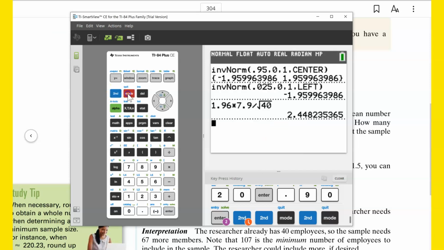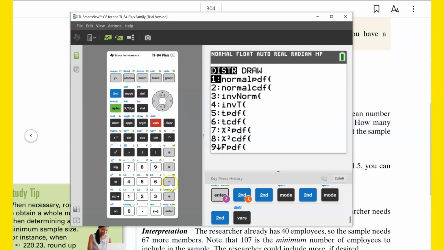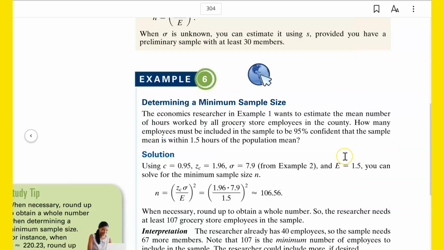Second quit. Go to second distributions, inverse normal. And if we want to be 95% confident, you can either do this left tail method or do the center method if you have that capability on your calculator. Do 0.95 right here, and that'll give you your Z sub C.